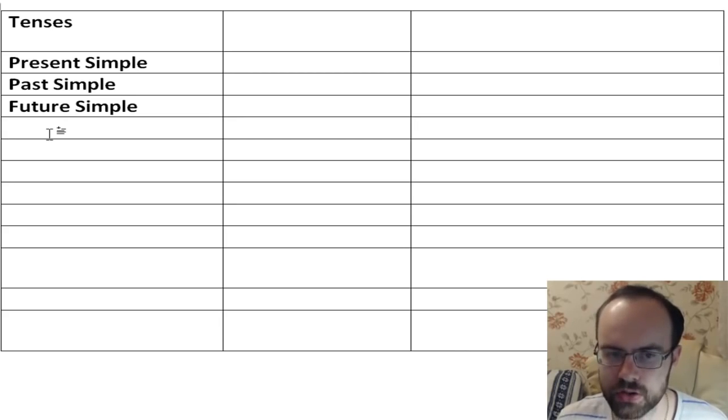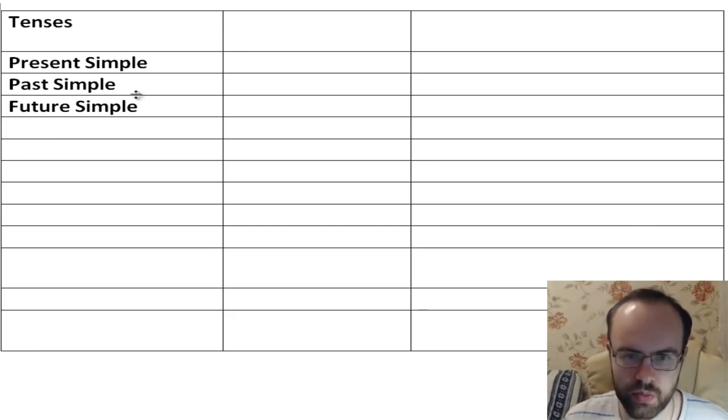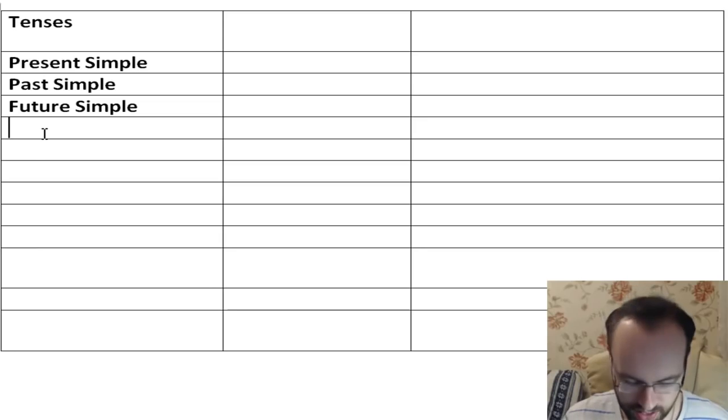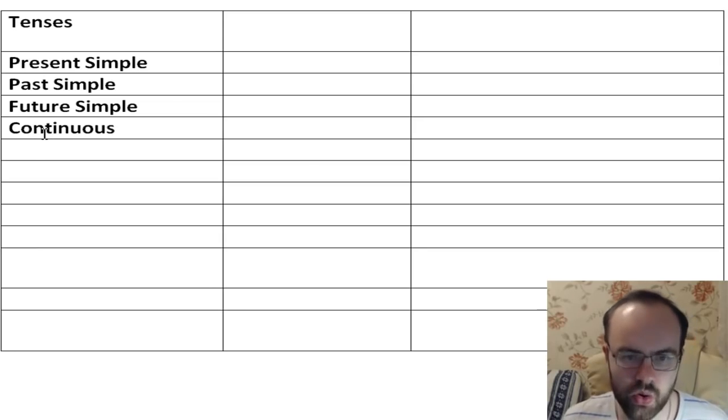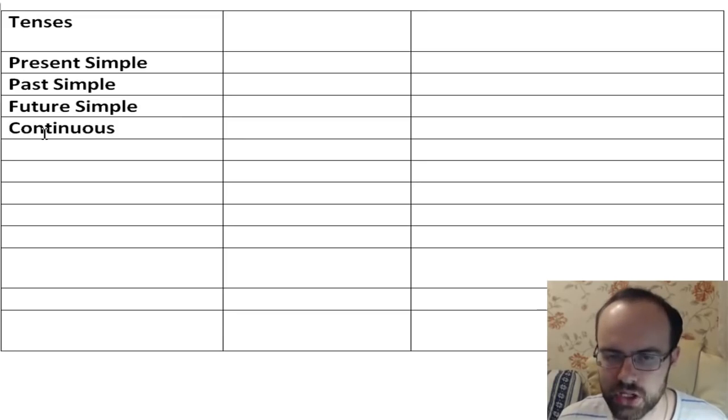Okay, so next, you need to keep in mind that there is another group. We call this group continuous. It's the second group. Similarly we say it in present, in past, and in future.